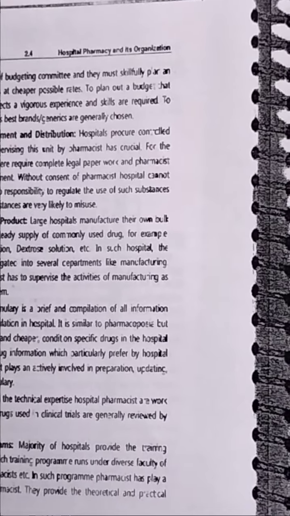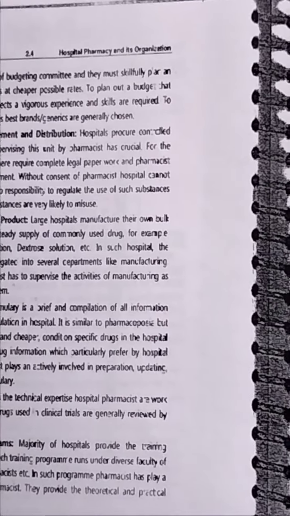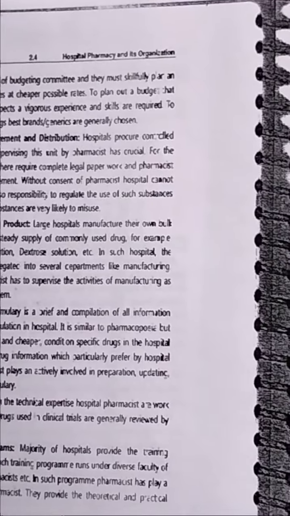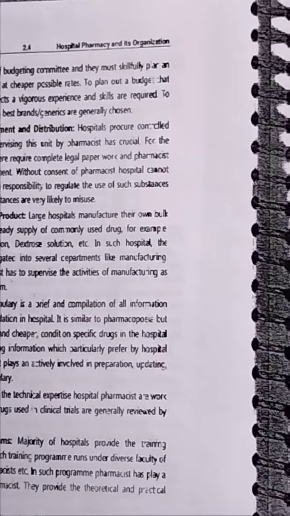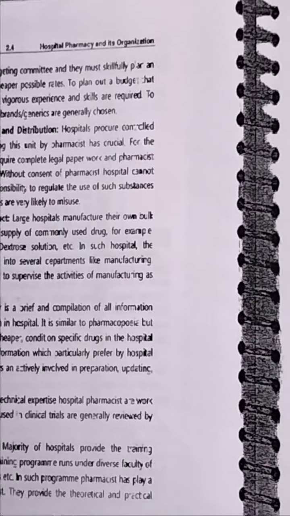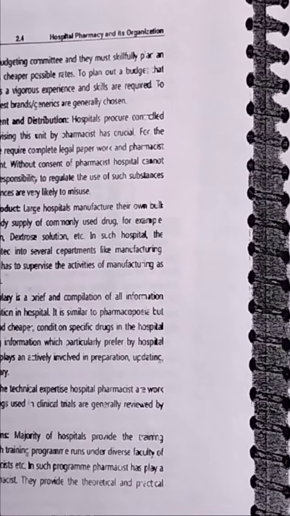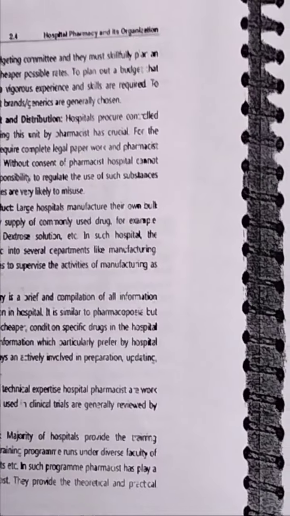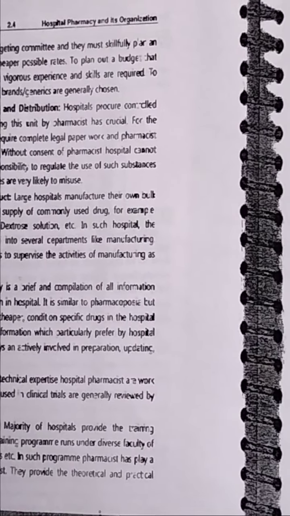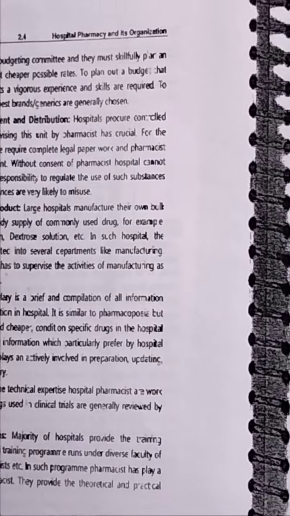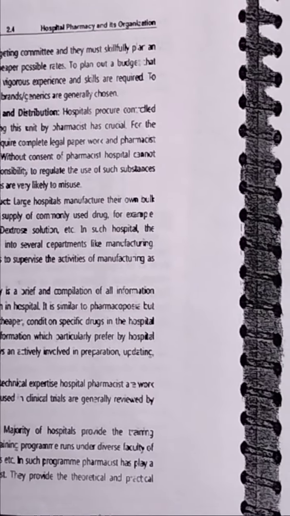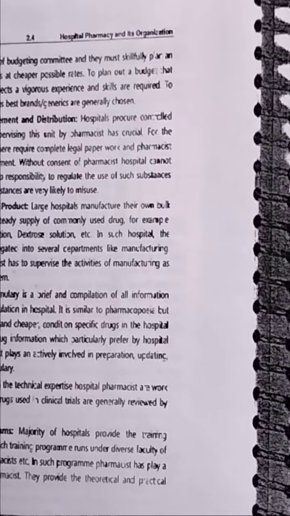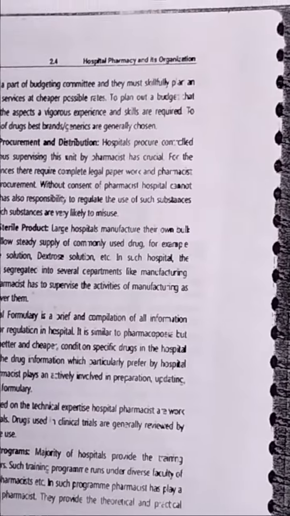It is similar to a pharmacopoeia but intended towards incorporating better and cheaper conditions of specific drugs in the hospital pharmacy. It generally contains drug information which is particularly preferred by the hospital pharmacist for the patient. A pharmacist plays an active role in preparation, updating, reviewing, and following a hospital formulary.